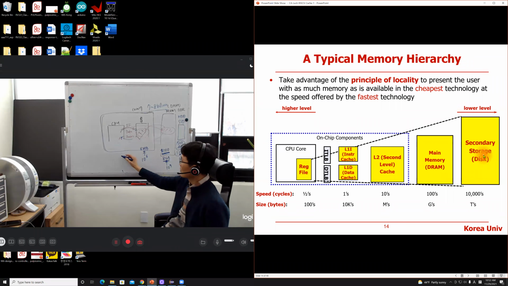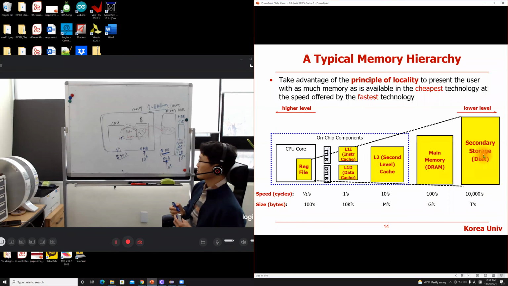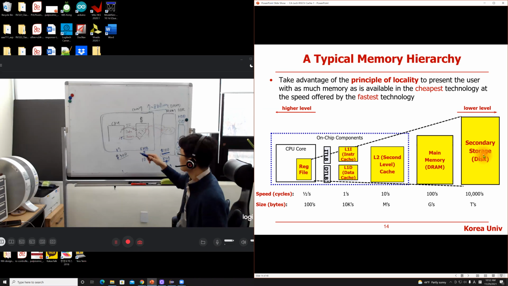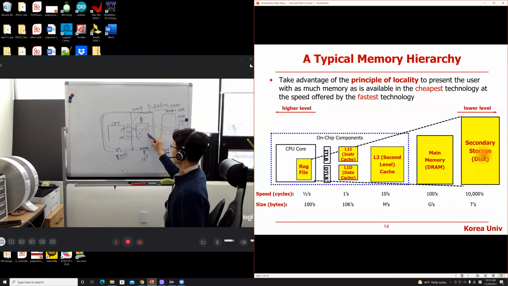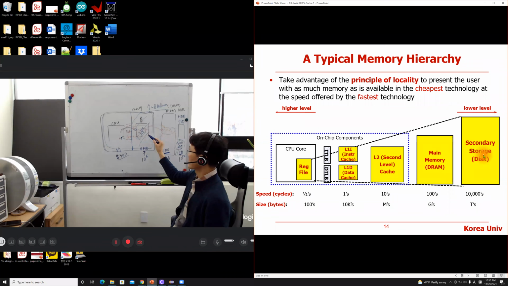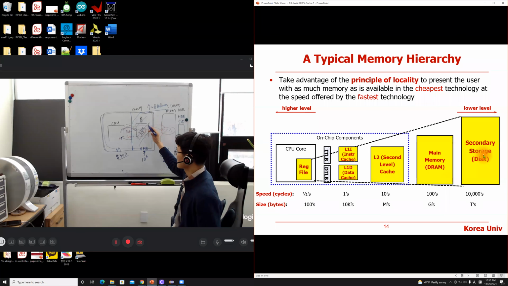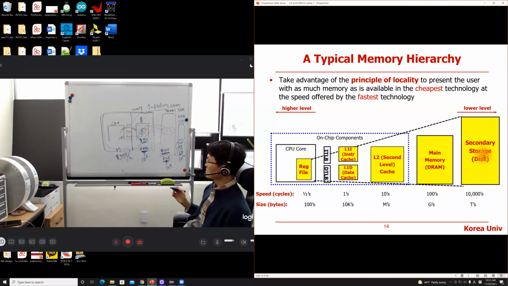Probably you have to pay $300 or more. And almost half of this Core i7's real estate is used by cache, meaning the cache price is roughly divided by 2, so $150. 8 megabyte, but very expensive.